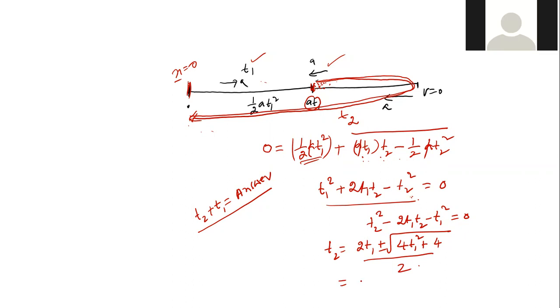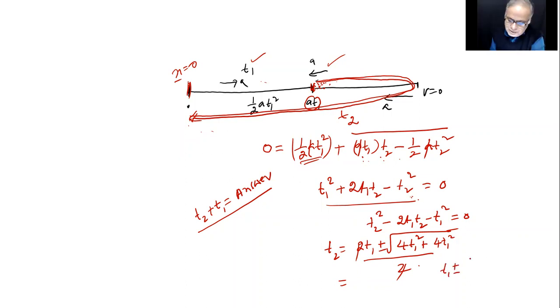Sorry, 4t1 square plus 4 t1 square, this is 4ac, right? C is minus t1 square. So what do I get now? This 2, this 2, this is 4, even this 4 comes out as 2, no? Both cancel. So what will I get?